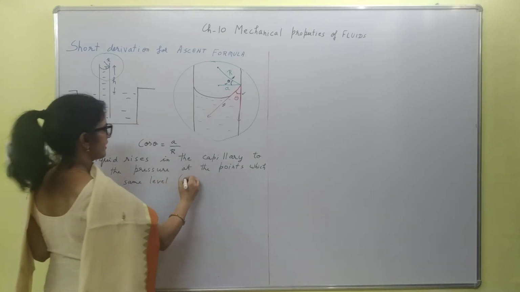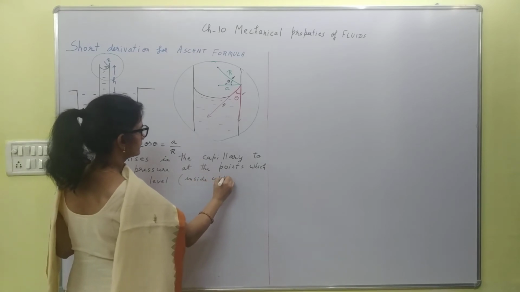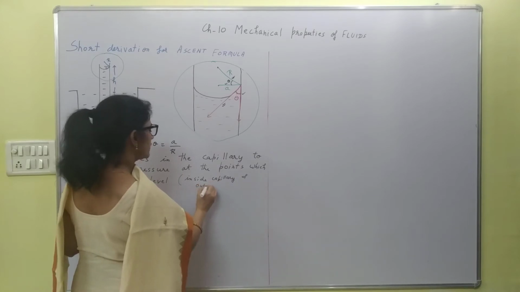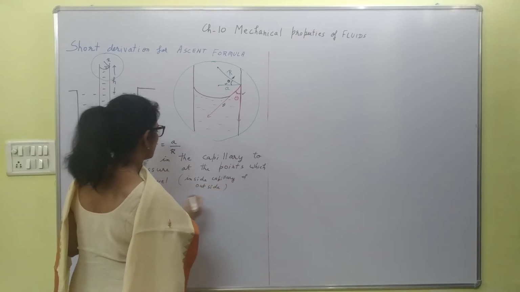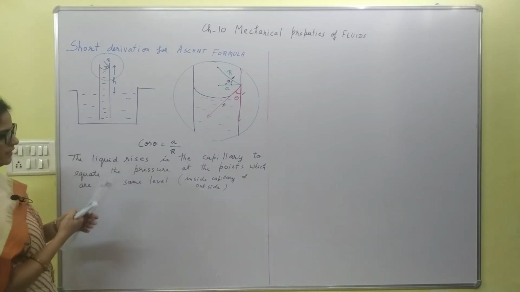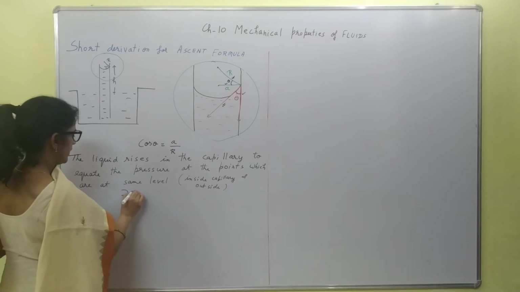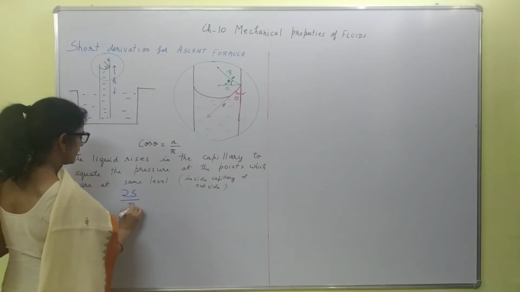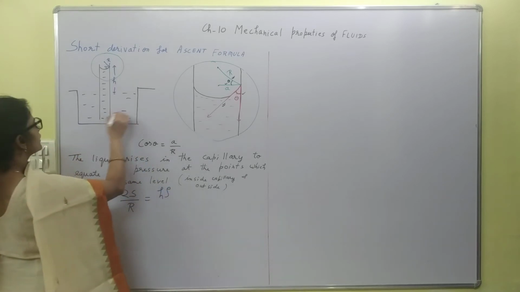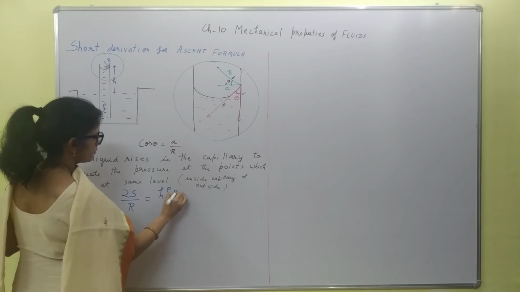That means inside capillary and outside. This detail you can study in the previous video of Ascent formula, but if you write this line, then you can directly write down this pressure difference 2S upon R is equal to height, density of the liquid which is rising in the capillary, right, into G.